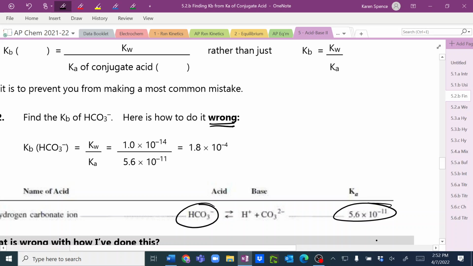Yes? And we toss that in there. What is wrong with how I've done this? Yes? That is the Ka of HCO3. We need to use the Ka of H2CO3.